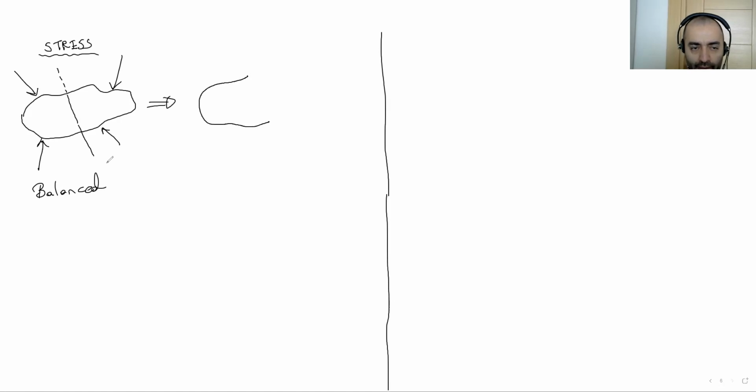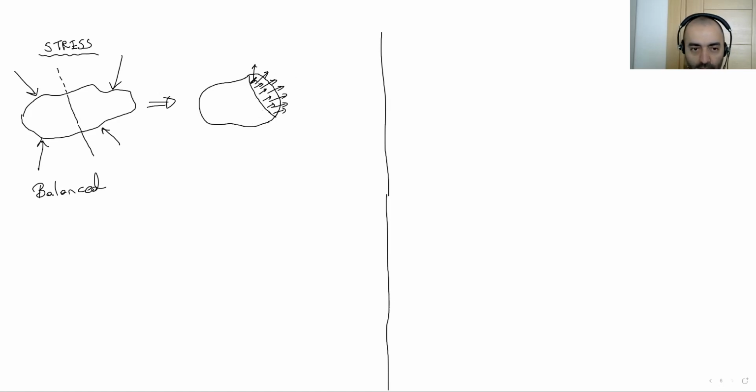I'm drawing the left part and I will see the section here. At each point of my section, I'm going to see a force. System is again in a balanced position here.